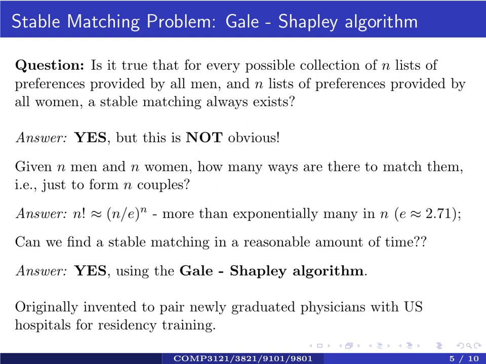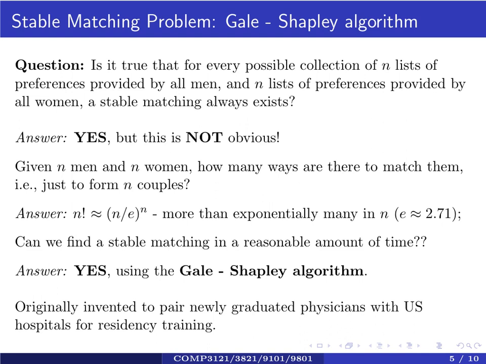So each physician would submit a ranking of all hospitals in the order of his preference where he would like to go to do his residence training. And each hospital would make a ranking of all physicians that they would like to have, and then the Gale-Shapley algorithm produces a stable matching that places the physicians into hospitals.